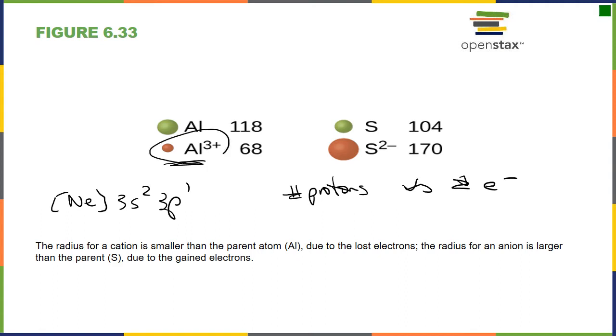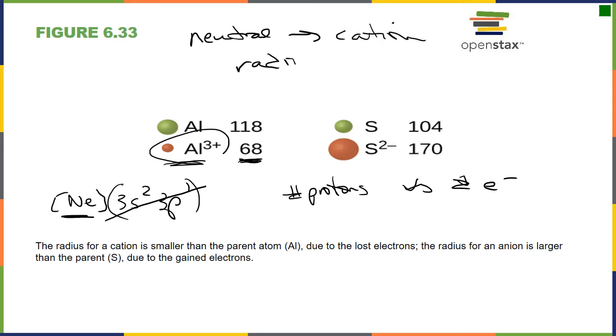If we lose 3 electrons, we're losing the electrons in this outside n equals 3. Therefore, we only have electrons left in the n equals 2. N equals 2 is much closer to the nucleus. We still have a large charge pulling on them. And as we go from a neutral into a cation, our radius is going to go down.